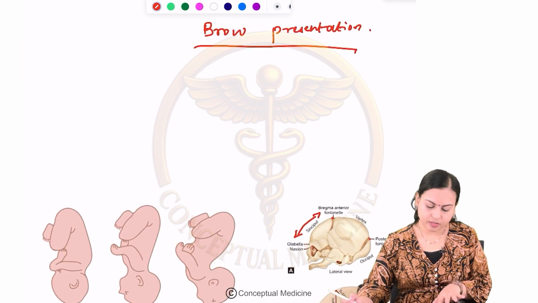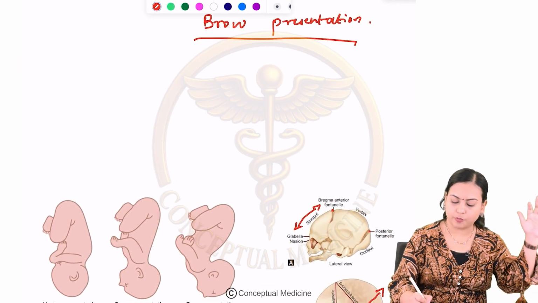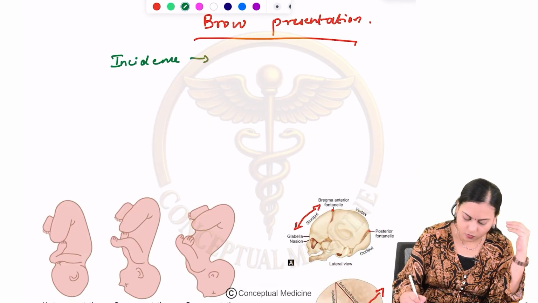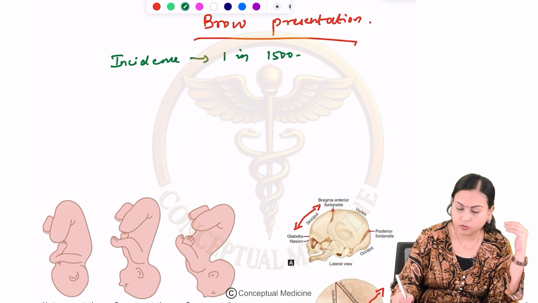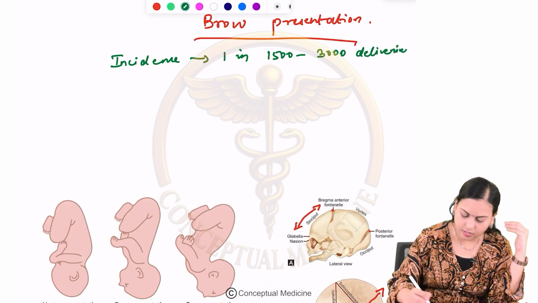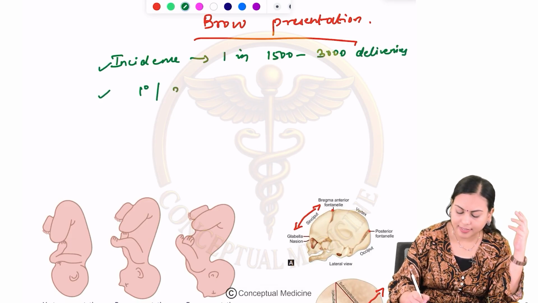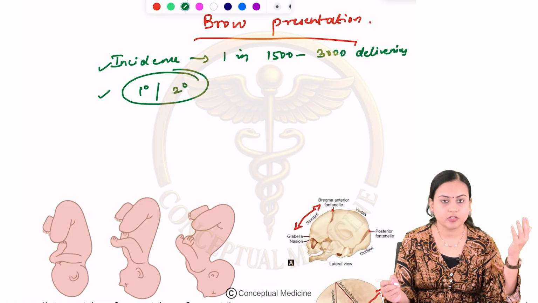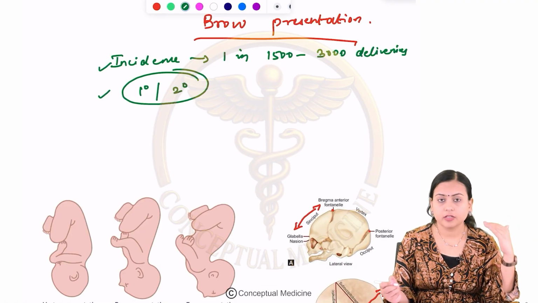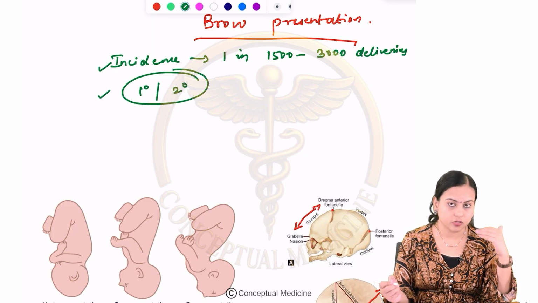Now, if we see the incidence of brow presentation, it is going to be 1 in 1500 to 3000 deliveries. So, this can be primary or secondary, as I have explained to you for the face presentation. It can be brow presentation just before the onset of labor itself, or during the progress of labor it can change to brow presentation.